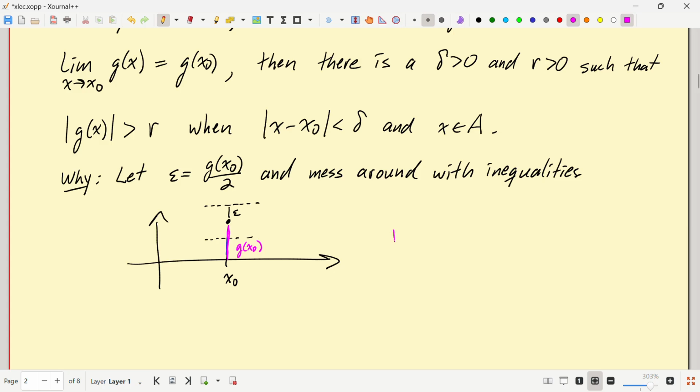And you can take the r to be equal to g of x naught over 2, too. If I took epsilon to be g of x naught over 4, then I could take r to be 3/4 times that g of x naught. Questions about that?